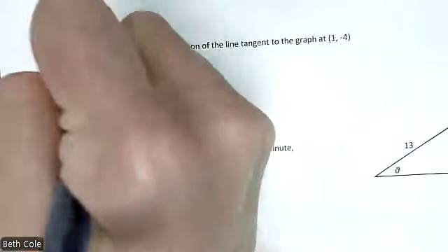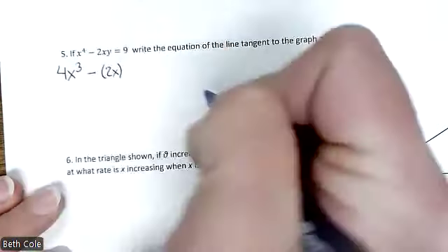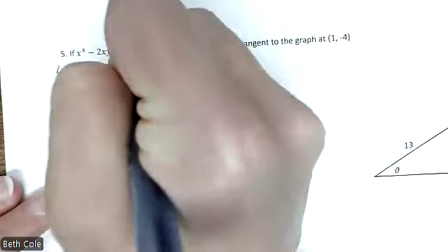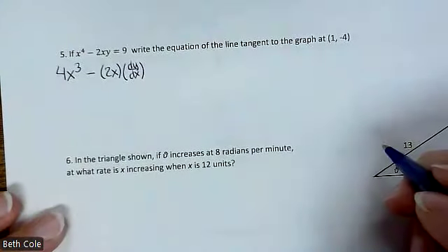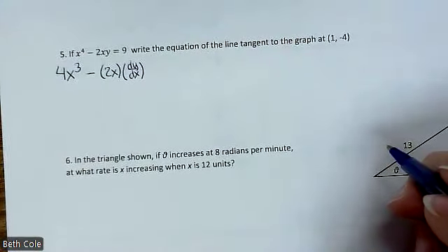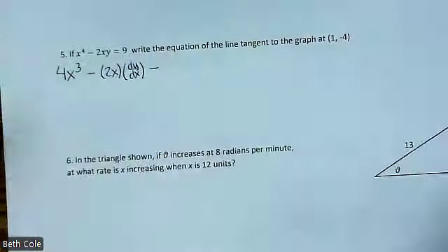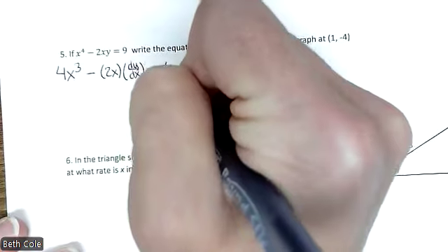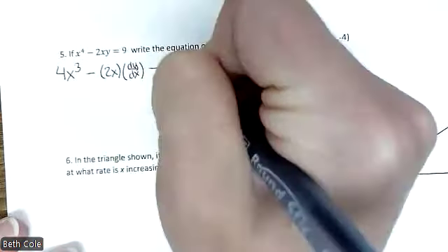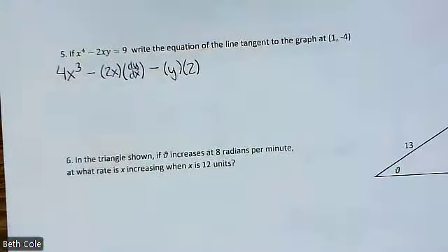Okay, so it'll be minus the first thing, 2x. Derivative of the second is dy/dx. Good. Again, product rule would be plus, but we're going to do minus. You have to minus the whole thing. The second thing, which is y, and then derivative of 2x is just 2.